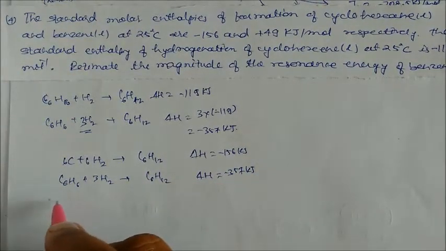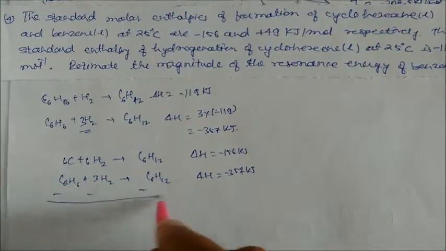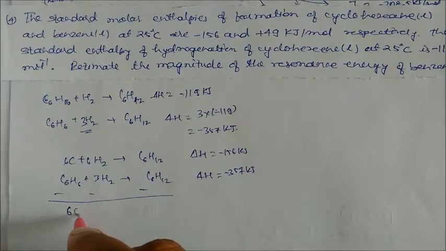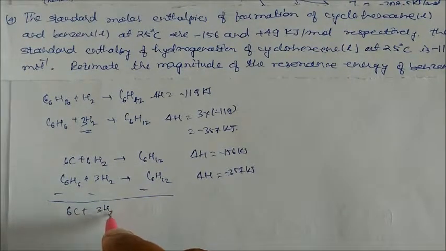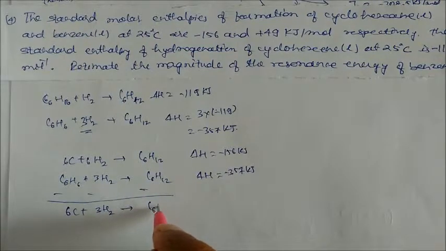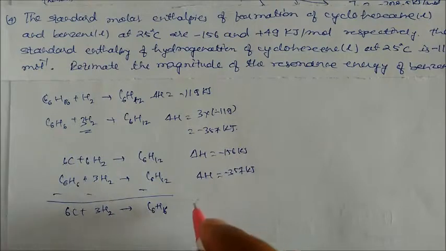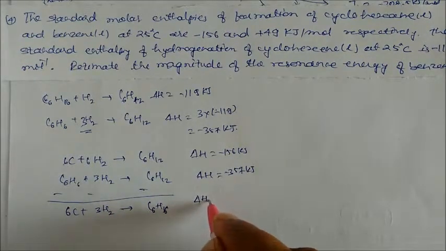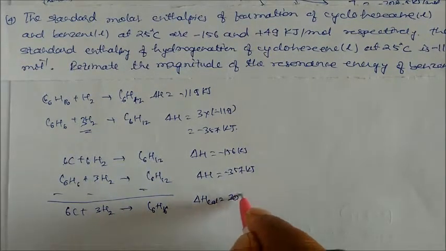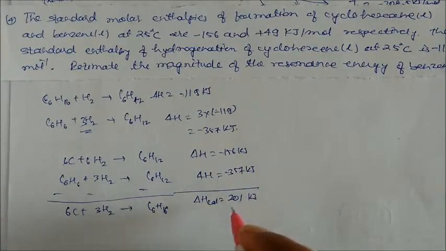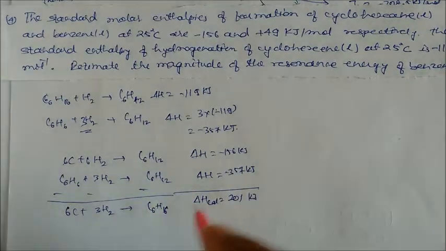So here if you subtract, on subtraction we will get 6 carbon plus 3 hydrogen giving you C6H6, because this will cancel, this will come to this side. So here the calculated delta H is equal to 201 kilojoule per mole. Okay, so now we know the resonance energy.